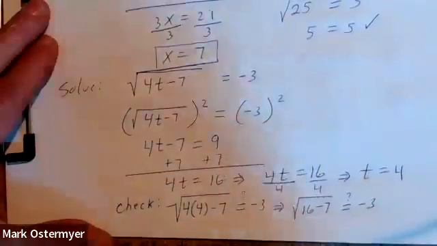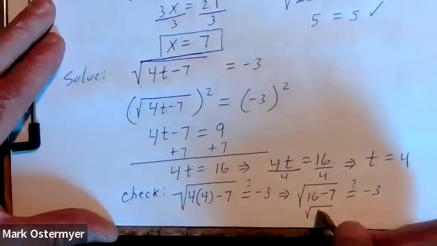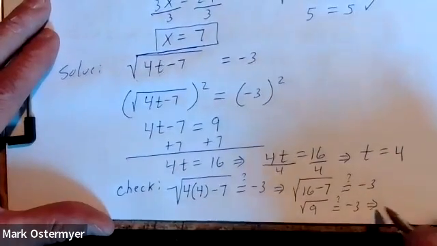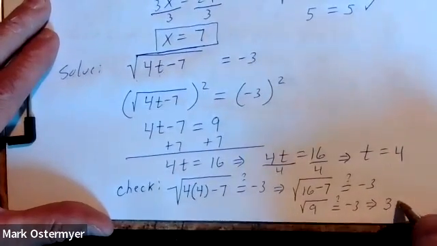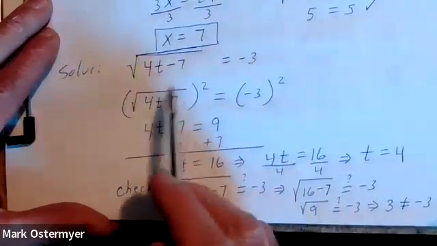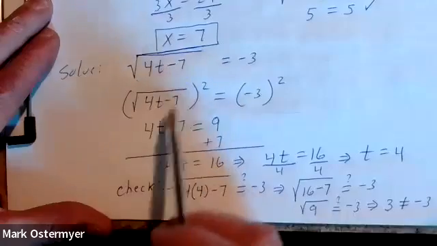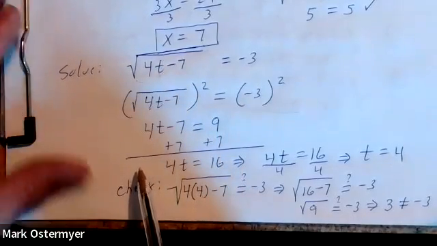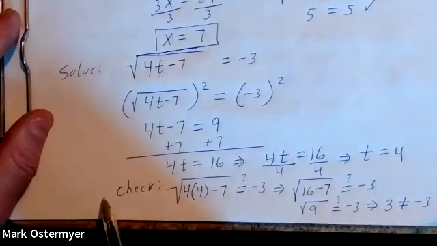16 minus 7 is 9. Is the square root of 9 equal to -3? And the answer is no, because the square root of 9 is 3, and 3 does not equal -3. So therefore, in the process of squaring both sides of this radical equation to solve for t, we generated a false solution. Sometimes those solutions are called extraneous solutions.